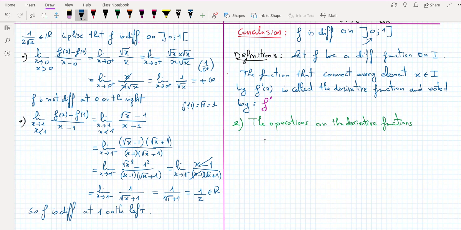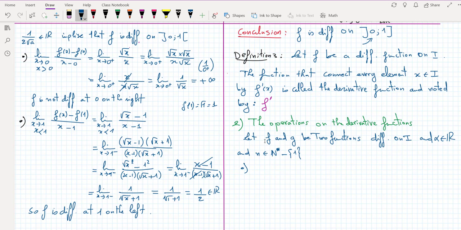Let f and g be two functions differentiable on I, and we need the constant alpha belongs to R and n belongs to N star minus 1.